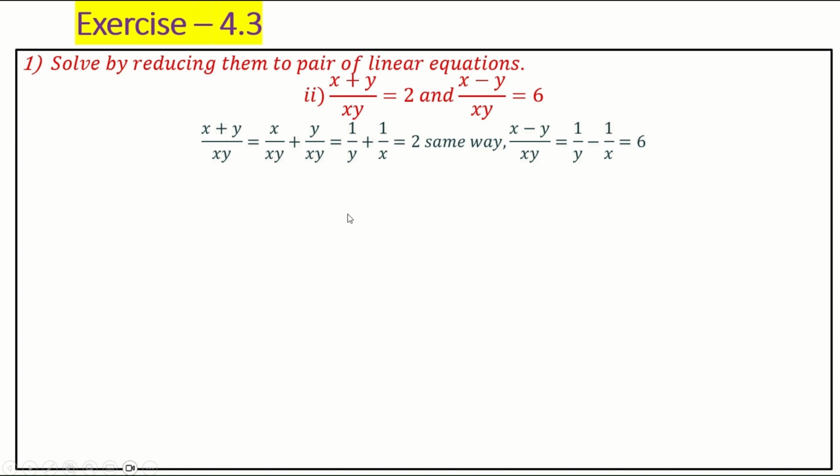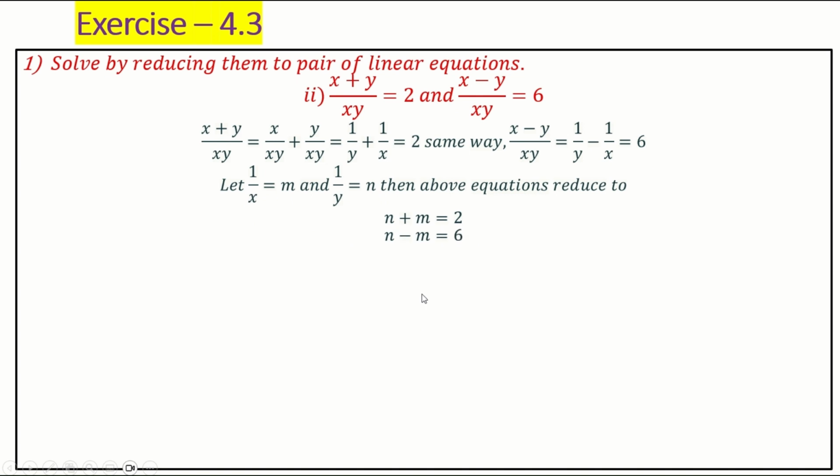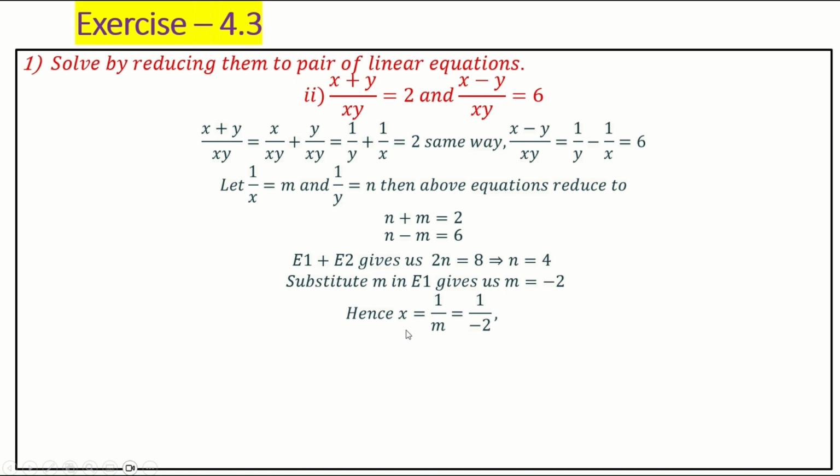Now the variables are very clear: 1 by x equal to m and 1 by y equal to n. It reduces to n plus m equal to 2 and n minus m equal to 6. You will get n as 4 and m as minus 2. So x is 1 by m, which is 1 by minus 2, and y is 1 by n, which is 1 by 4. These are the solutions. Next.